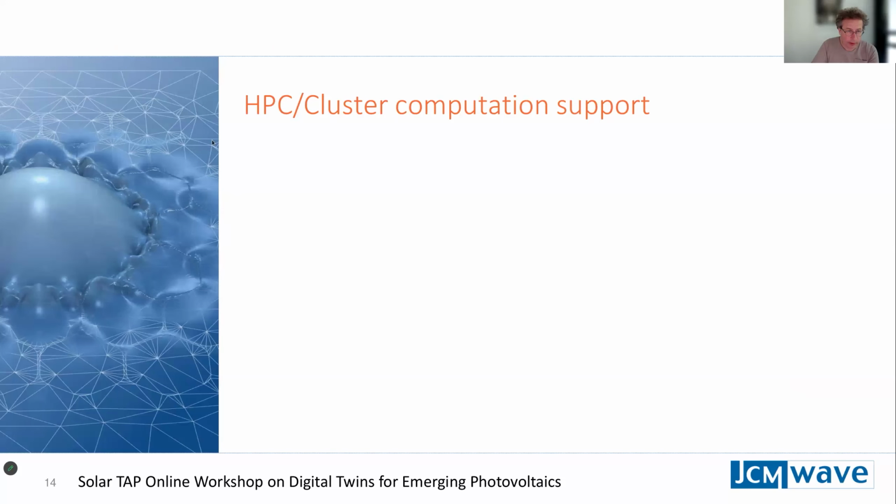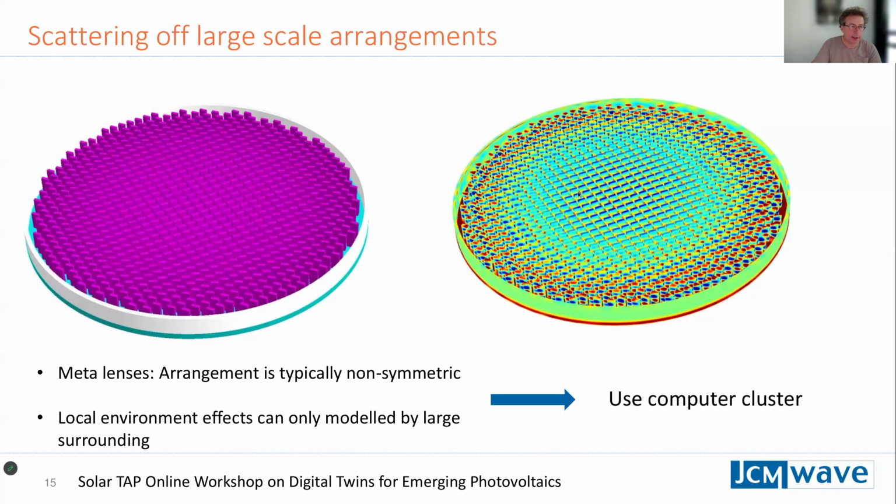Okay. And as I said, we have HPC and cluster computation support, and here are some results for distributing a single computation on a cluster of computers. The example here is a metamaterial lens, a meta lens, where we have a relatively large arrangement of arbitrary scatterers. The field of view here is something like 50 microns or so, I think.